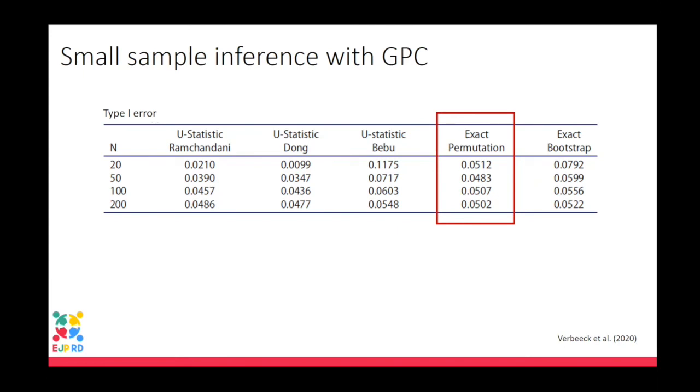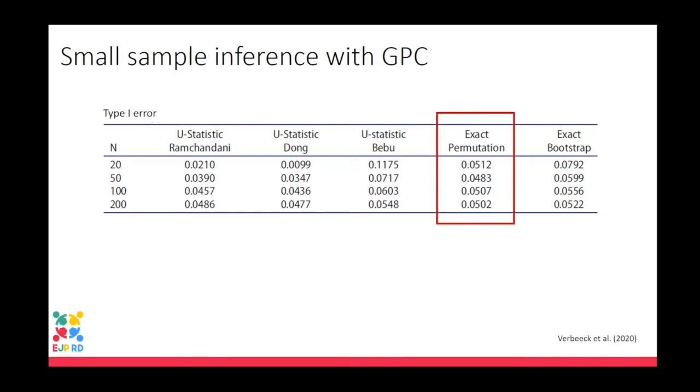We also did a large simulation study where we compared all those different tests that exist. So you see the first three columns, that's the U statistic. So that's the one that actually needs a larger sample size. And you're looking at the type 1 error for the non-statistician. So we want to see here a value very close to 0.05.